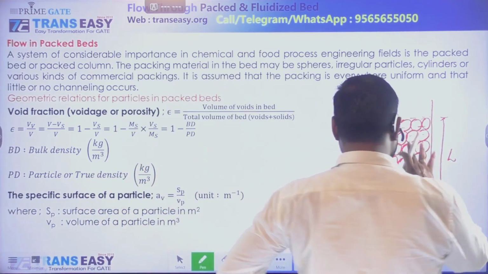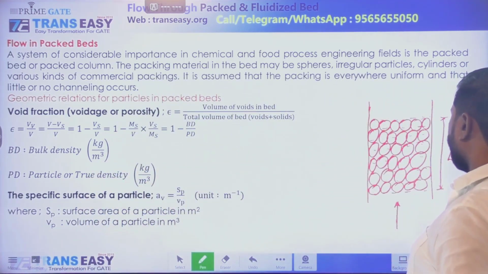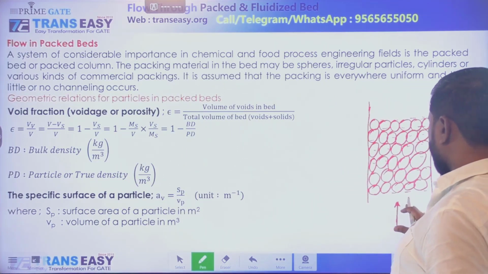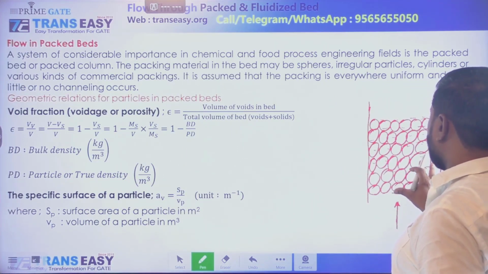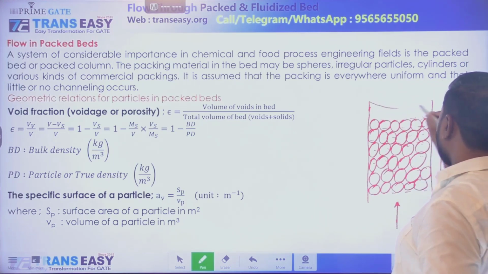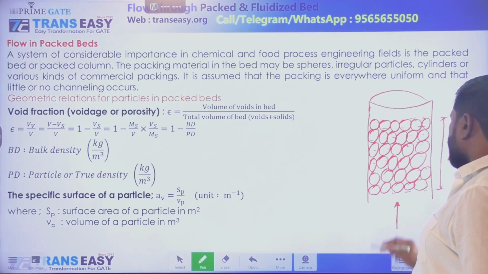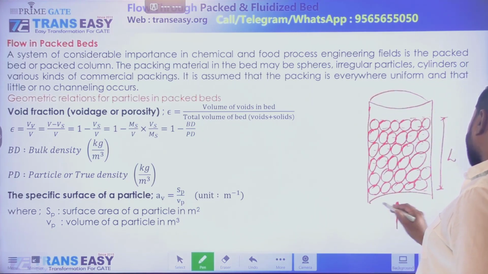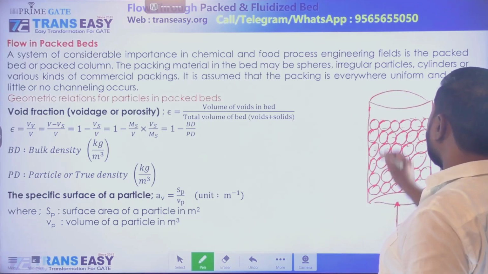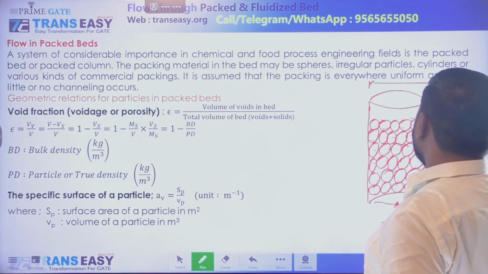So they are kept in this container. If we assume this container is circular, and D is the diameter.